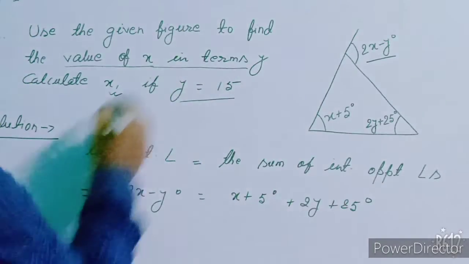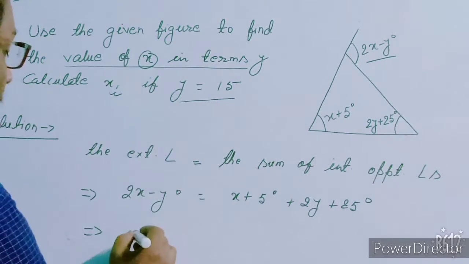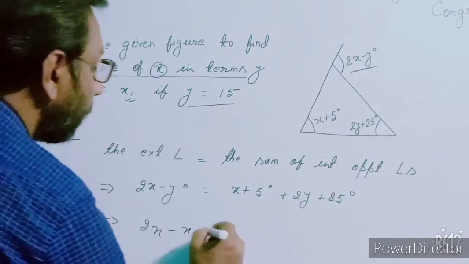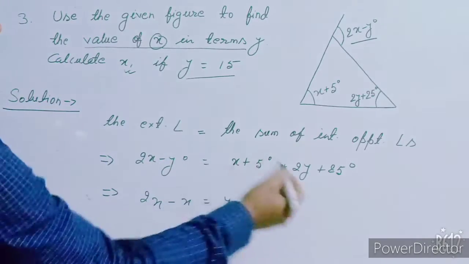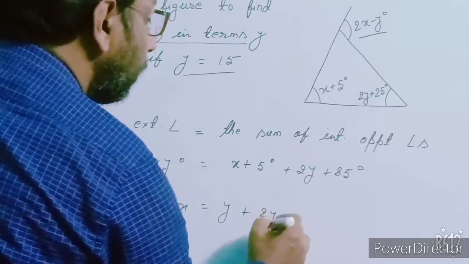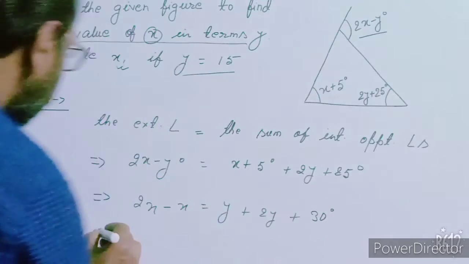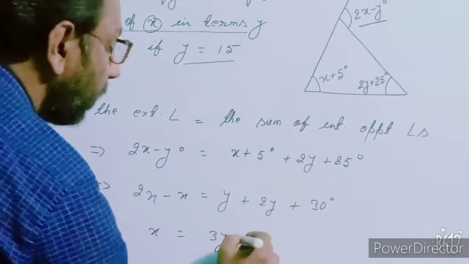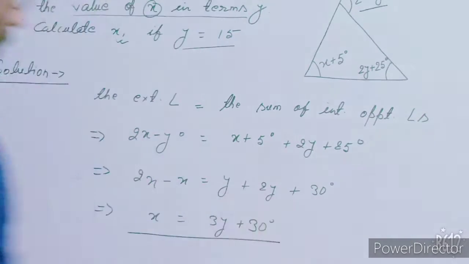We are asked to find out the value of x, so we change the terms containing x: 2x minus x. This y will go that side; this side is minus y, after going that side it will be plus y, plus 2y, and this plus this equal to 30 degree. 2x minus x equal to x, equal to 3y plus 30 degree. This is the value of x in terms of y.